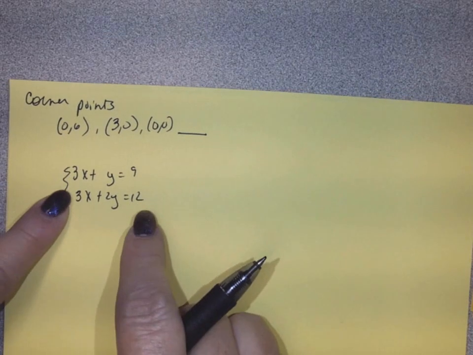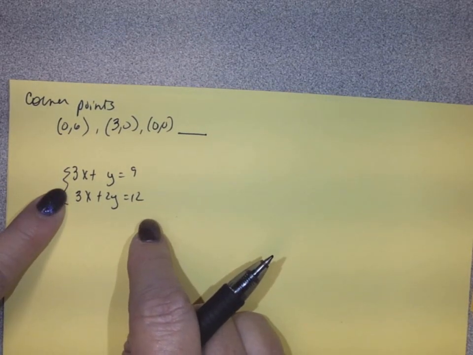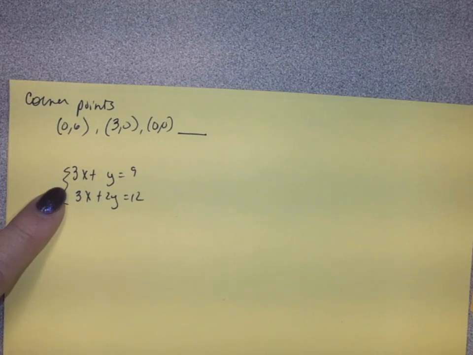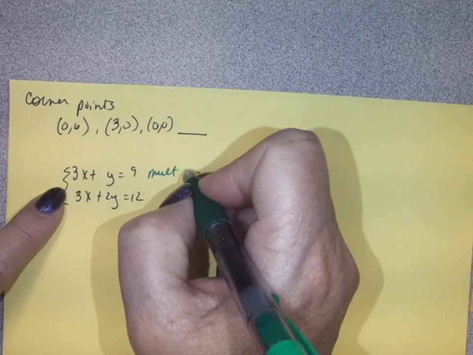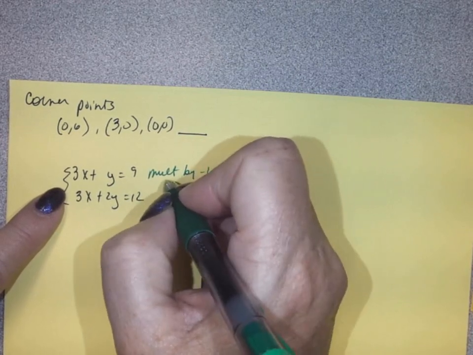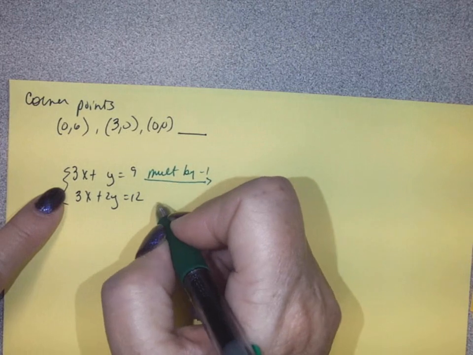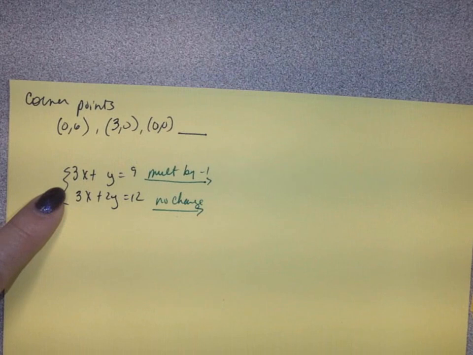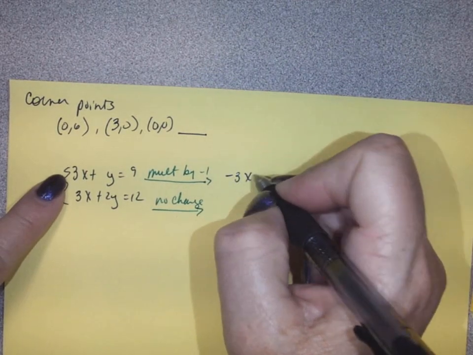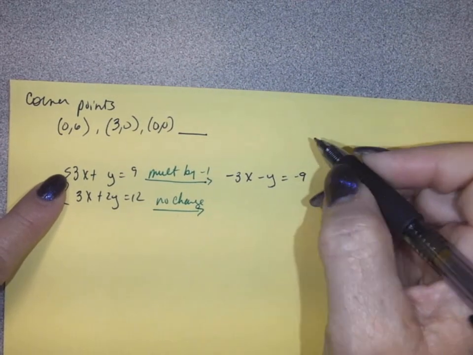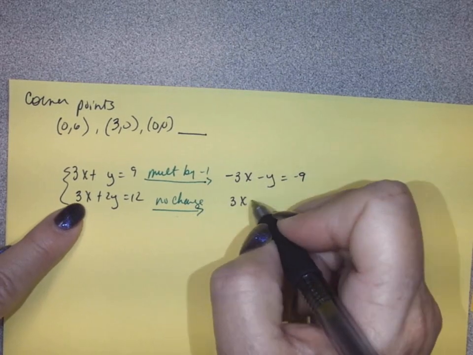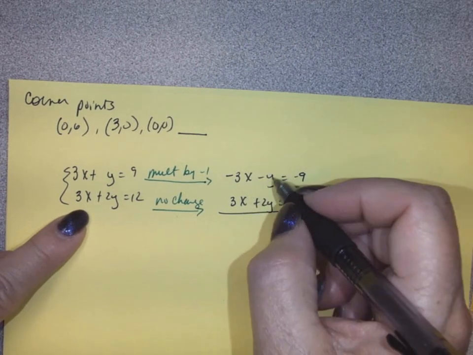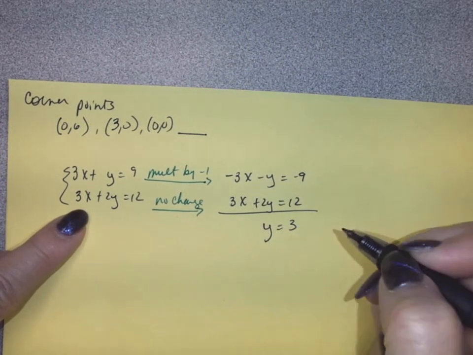If I just multiply one of them by a -1, then I'll get a -3x. My y is bigger down here, so I am going to multiply by -1 on this one, and this one I will have no change. All right, so that's going to get me -3x minus y equals -9. And then bring over my 3x plus 2y equals 12. The x's will cancel. Y will be equal to 3.